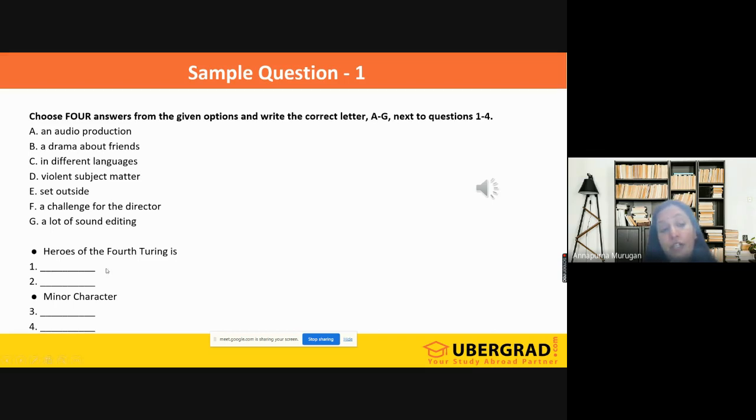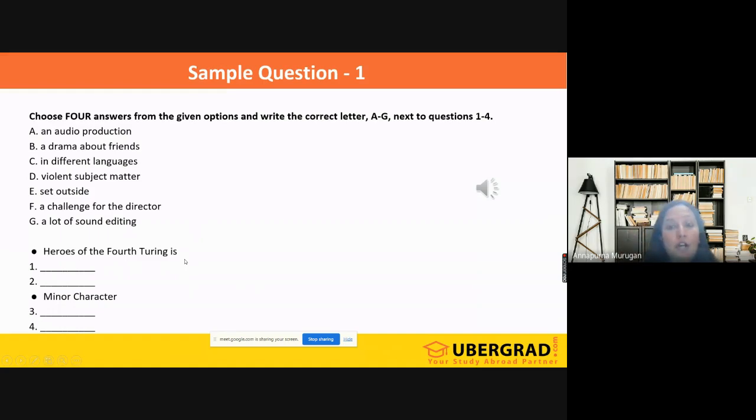You need to pick 2 things. And the minor character. These are the 2 aspects, and you need to pick two options for each of them.